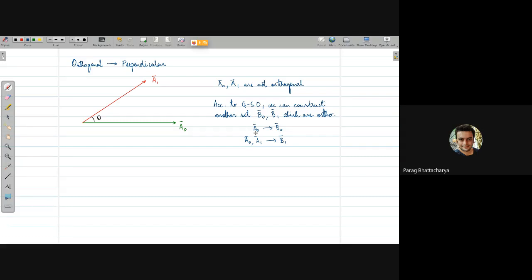All the remaining vectors we can keep on constructing. Now these two will be orthogonal. That procedure is known as the Gram-Schmidt orthogonalization.